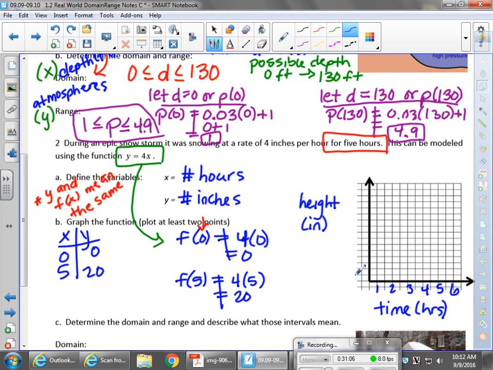What could I count by here? Well, maybe, let's see. 1, 2, 3, 4, 5, 6, 7, 8. How about we count by 2s? Oh, well, who thinks we can make it? Let's try ones. So if this is 1, we'll put a 2, 3, 4, 5, 7, 8, 9, 10.